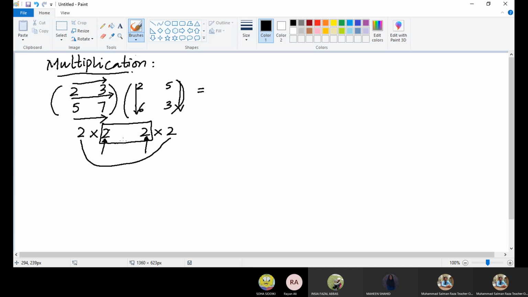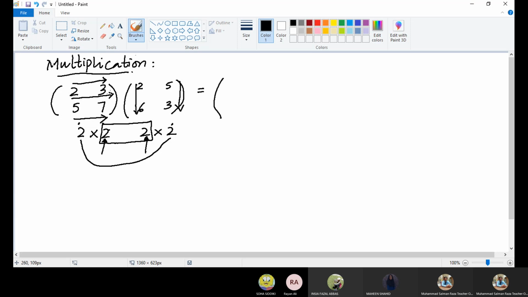Multiplication is possible. And the extreme numbers, which are 2 and 2 over here, are going to tell you the order of your resultant matrix.